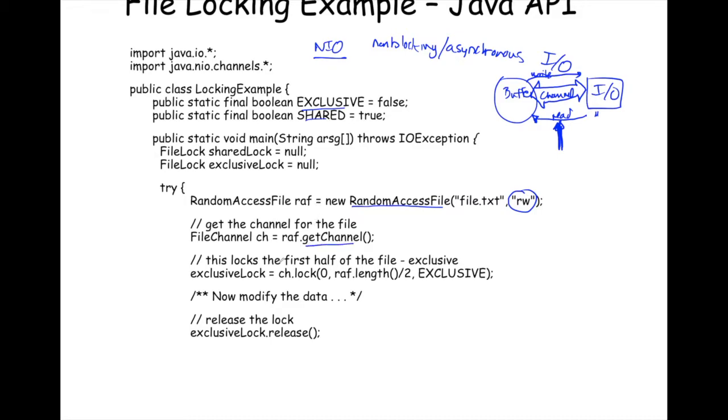Now that we have this channel, we're going to create an exclusive lock. We're going to say lock from 0 to the halfway point, the length of that random access file divided by 2, and we lock that portion as an exclusive lock.